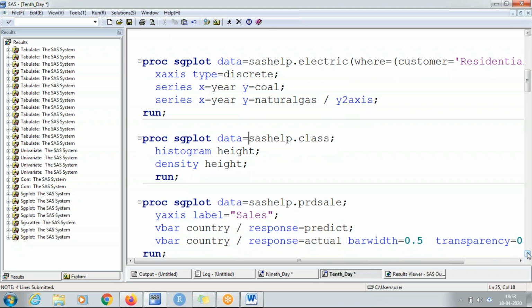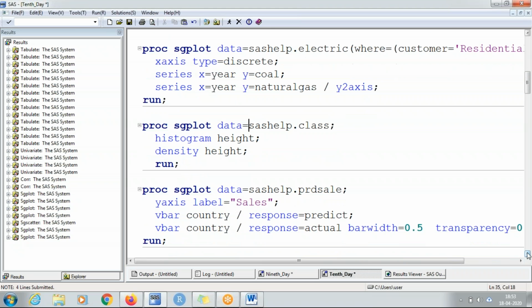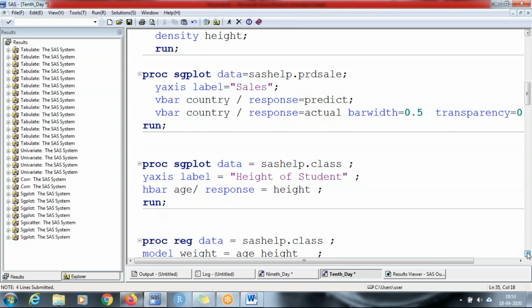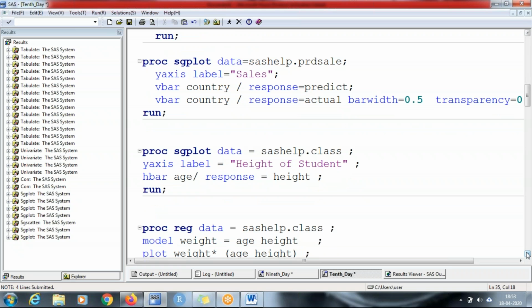So there are a few plots, right? I will share this with you, so you can try these two. If you feel that you are unable to understand anything, then I will explain it tomorrow.